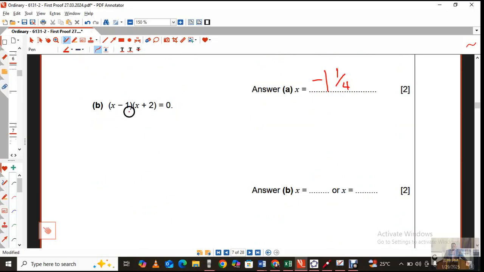It's already factored on the left-hand side, and since everything is equal to 0, the only way you can get 0 is if you let one term equal to 0, or if you decide the other factor x plus 2 is equal to 0. Okay, so simply, if you take that one over, you have x equals 1.